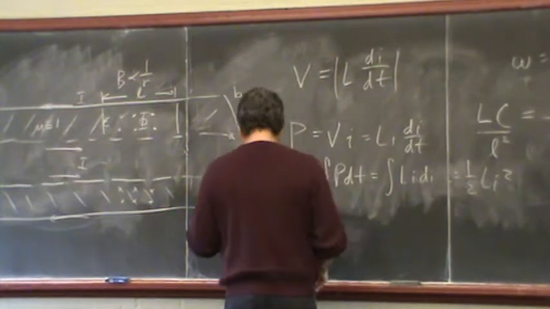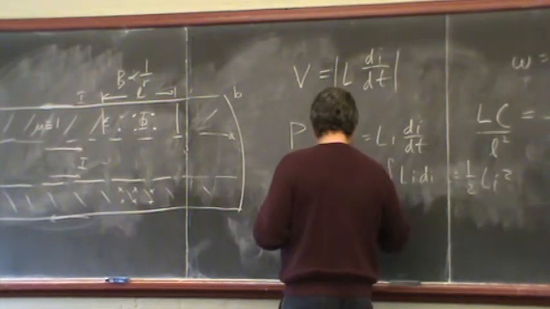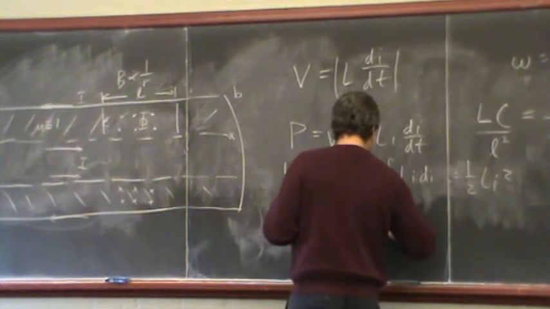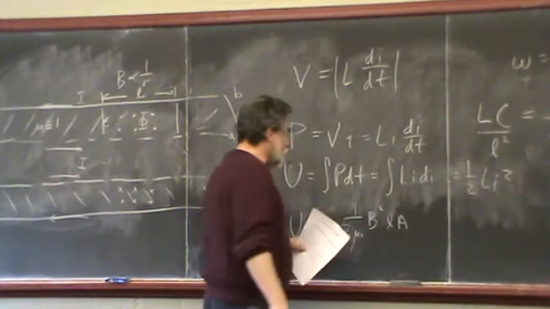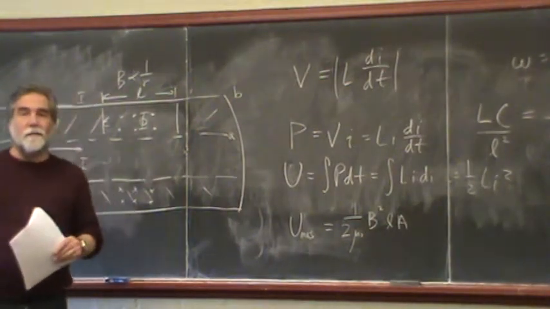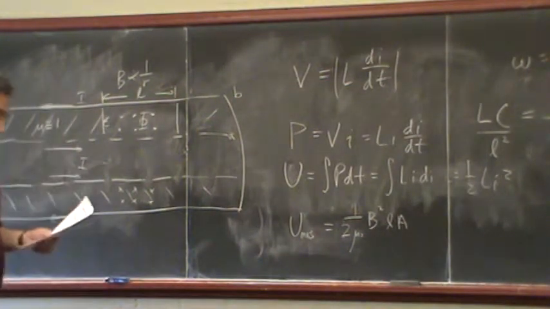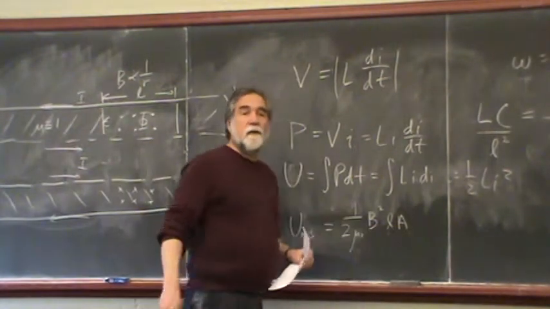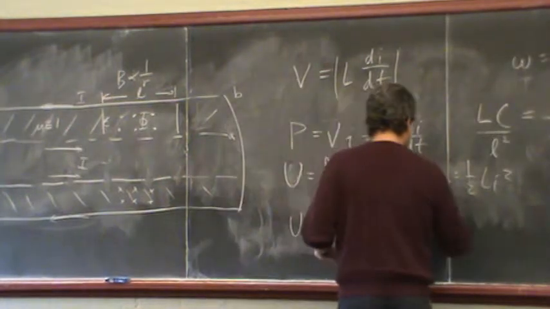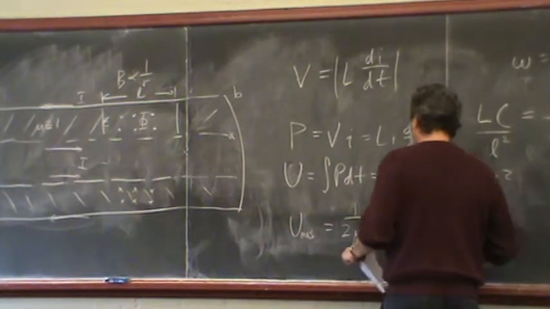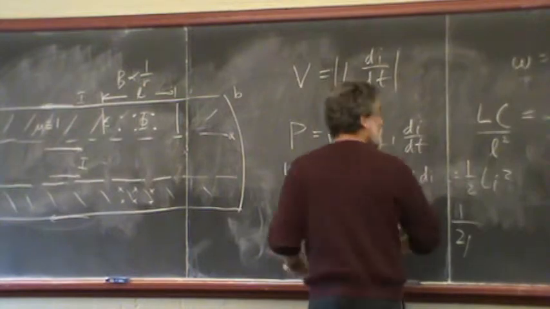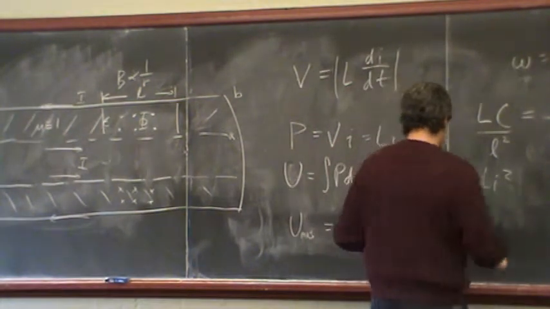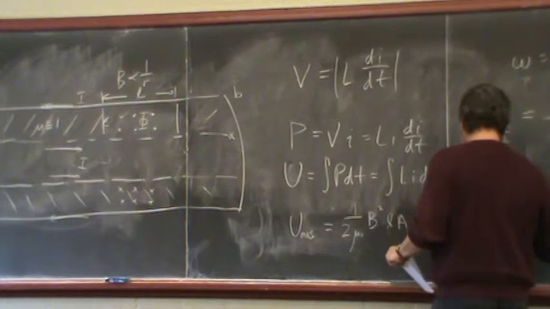The energy stored in a solenoid is 1/2 mu-naught B squared times L times the cross-sectional area of the solenoid. This is the volume of the solenoid. I'll write in these units for the moment.